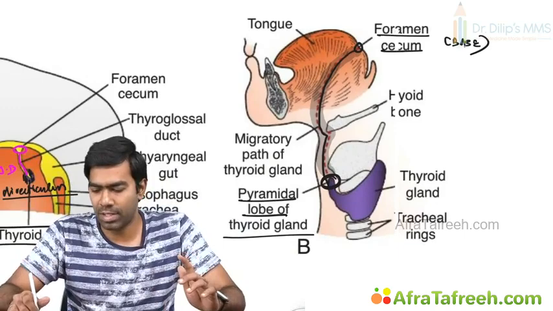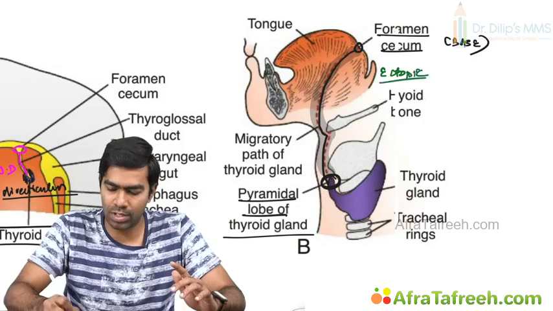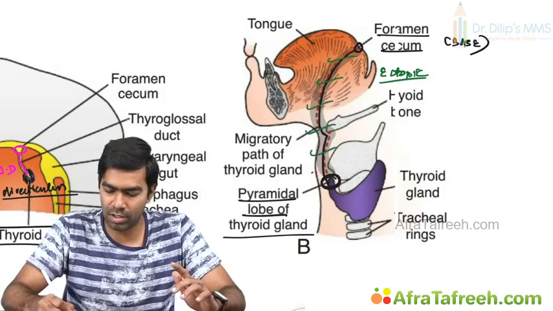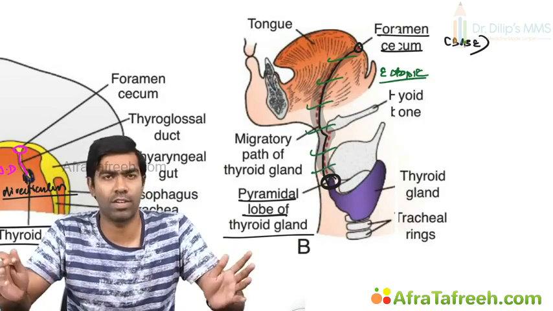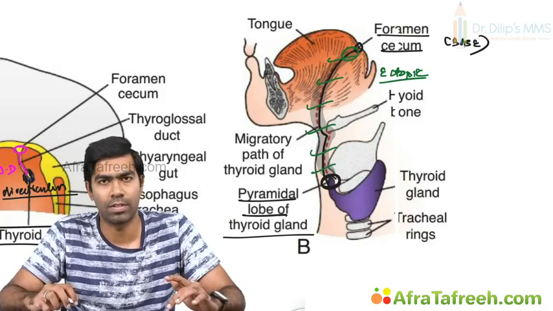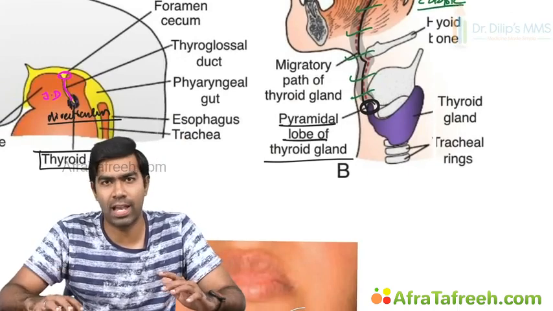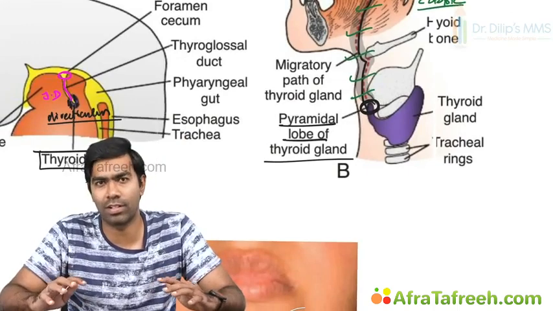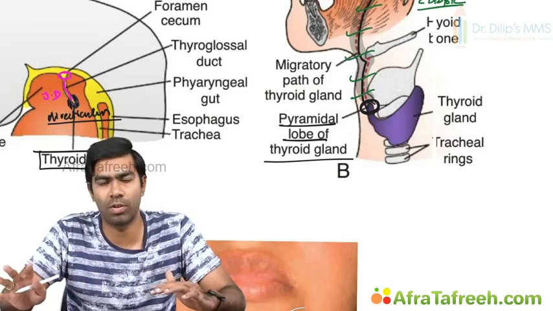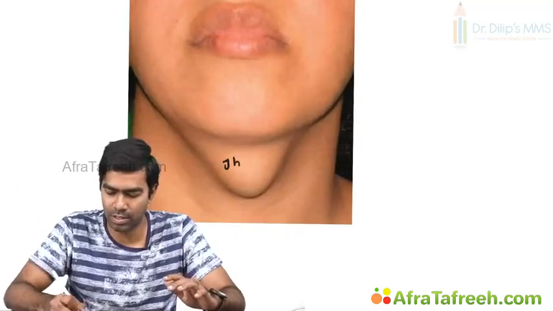And again, for the same reason, you can see ectopic thyroid tissue anywhere throughout the location of the thyroglossal duct, very commonly near the foramen cecum itself. Fine. At the same time, if you have some remnants of the thyroglossal duct in between, not the pyramidal lobe, you are going to result in something called a thyroglossal cyst.